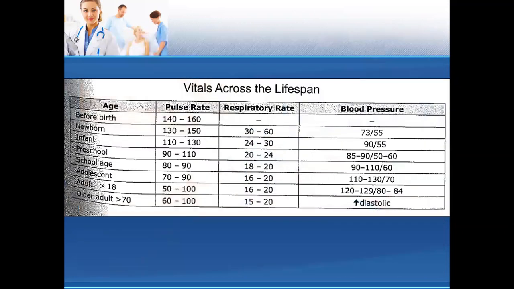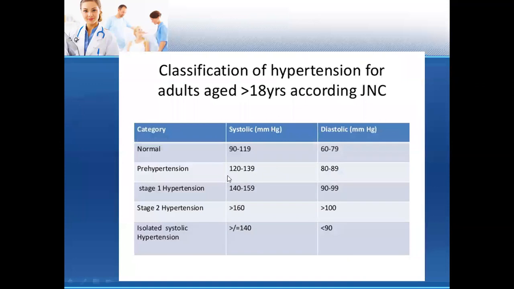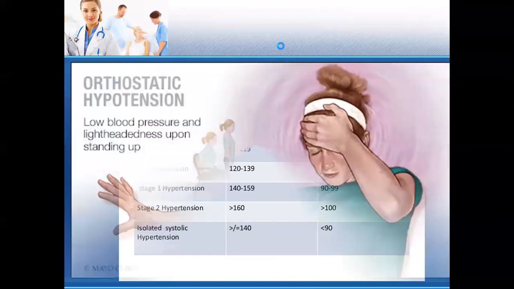As an example, a patient has a systolic blood pressure of 120 and a diastolic blood pressure of 80. What is the difference between systolic and diastolic blood pressure? That is the pulse pressure.